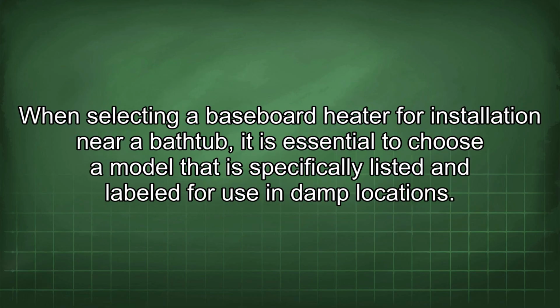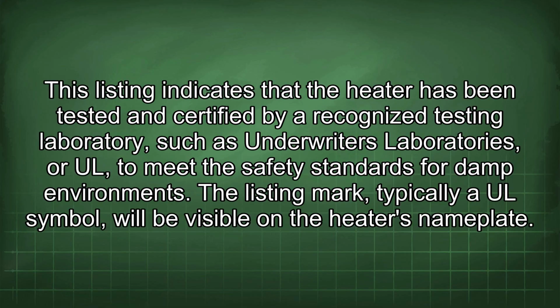When selecting a baseboard heater for installation near a bathtub, it is essential to choose a model that is specifically listed and labeled for use in damp locations. This listing indicates that the heater has been tested and certified by a recognized testing laboratory, such as Underwriters Laboratories, or UL, to meet the safety standards for damp environments. The listing mark, typically a UL symbol, will be visible on the heater's nameplate.